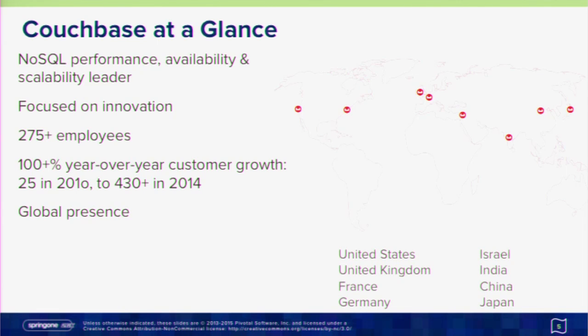So we sort of merged the two, and we have this interesting product now called Couchbase. That was 5 years ago. Couchbase, the company itself, is close to 300 people right now. We have offices in San Francisco, New York, Paris, London, Tel Aviv, Tokyo, Beijing.